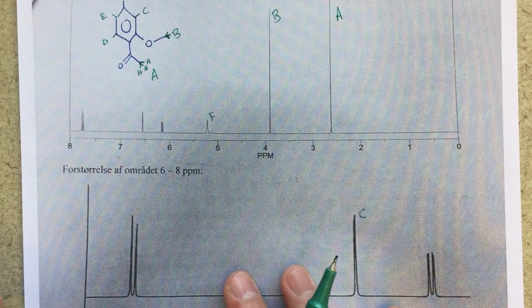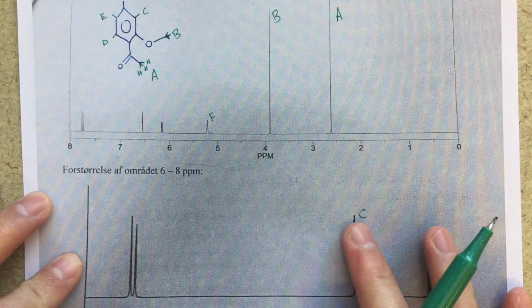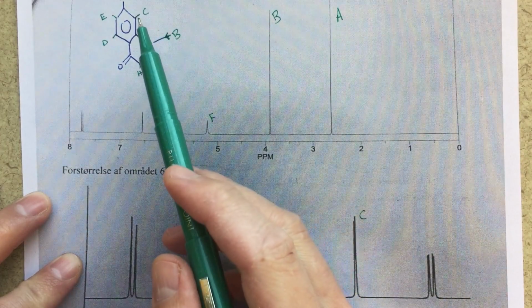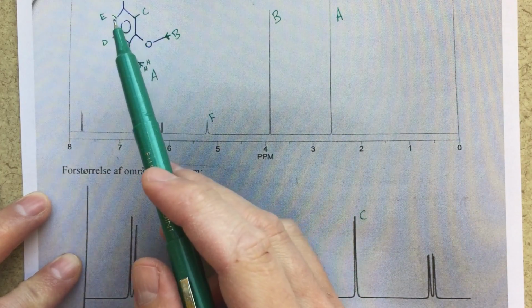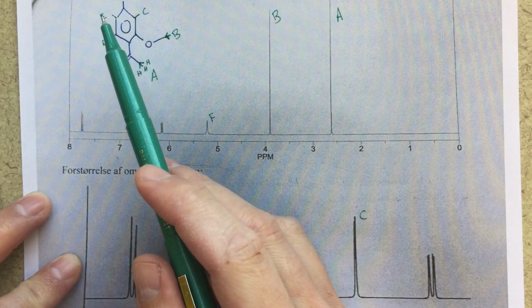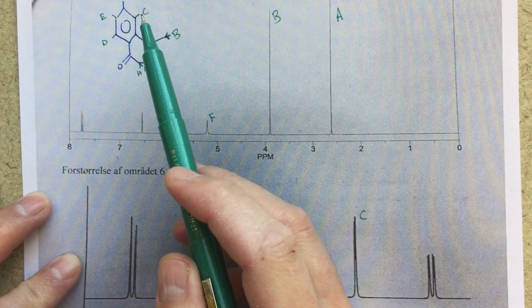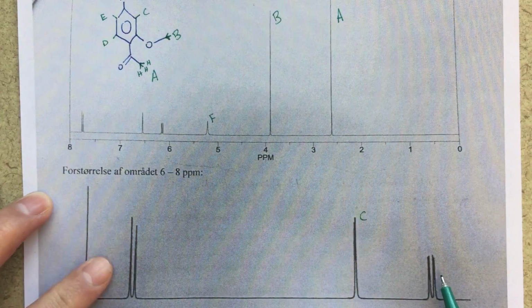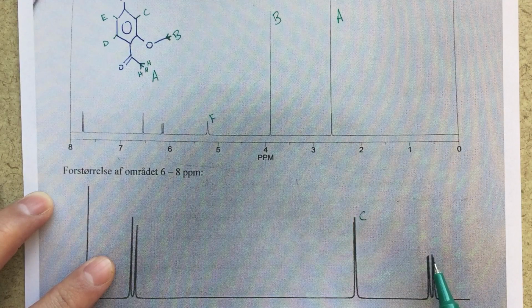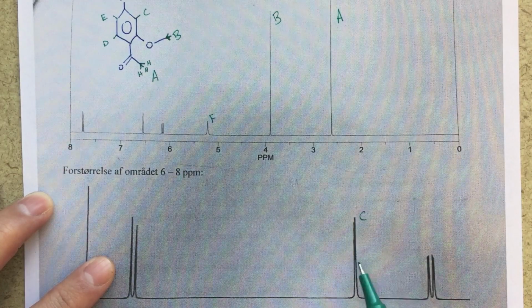And the way that we're going to solve that is actually going back to this fine coupling on C. So C can actually couple with E. It's called a meta splitting, right? We're going through this ring. So E can also couple with C. So if I look at these 2 peaks, this one, I also see that fine coupling, right? That really small, probably about 2 Hertz coupling, very, very small coupling. So to me, these 2 must be linked, right?